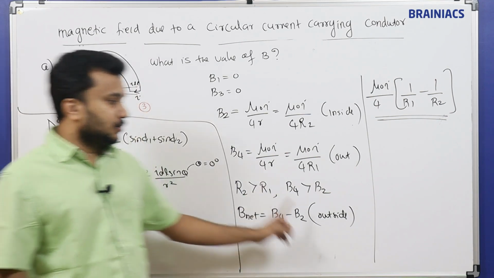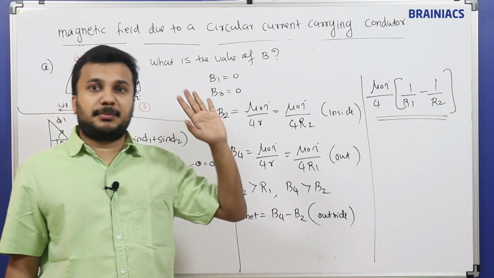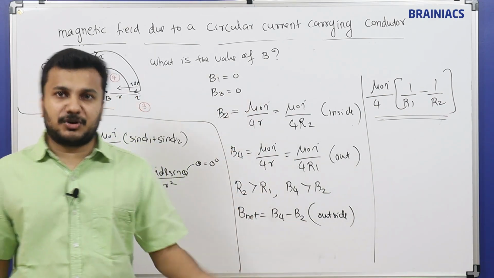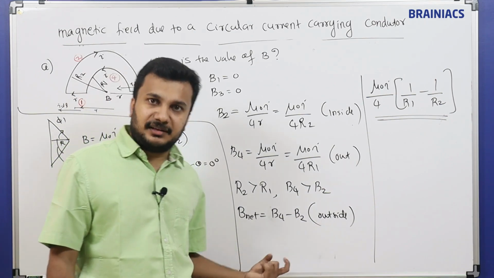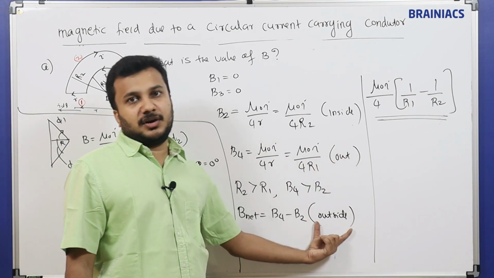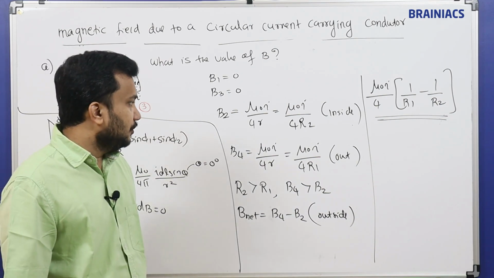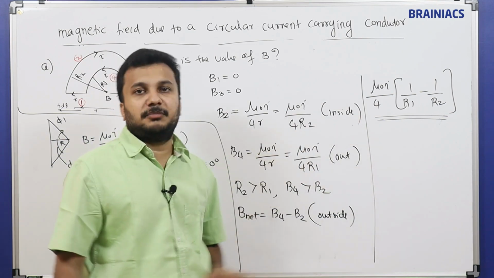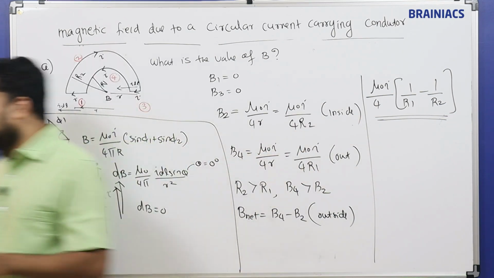So highest minus lowest: suppose highest is 10 and lowest is 2. So 10 minus 2 is a positive number. The highest sign, what is the highest sign? Positive 10. Similarly here the highest sign is out. So the total is outside. The outside magnetic field is given by mu 0 I by 4 into 1 by R1 minus 1 by R2. So this is the magnetic field due to this coil.